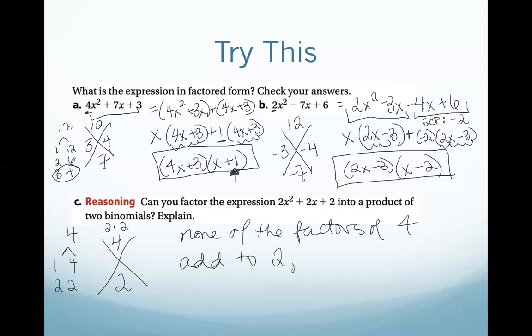So it is not factorable. If you tried that and got an answer that it factored to, try redistributing that answer and you won't get the same polynomial that we started with. You won't get this quadratic expression.